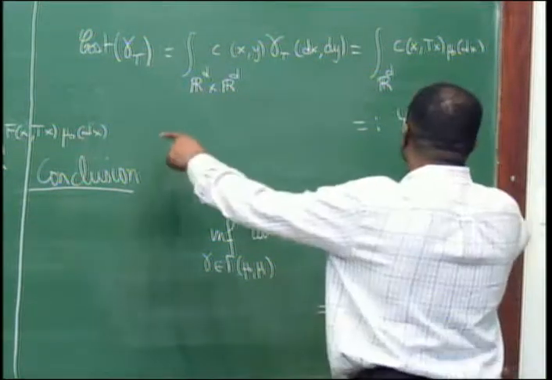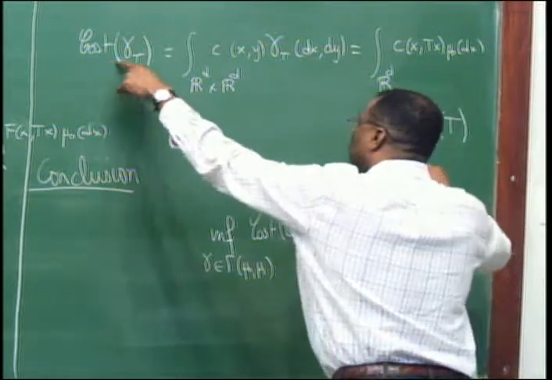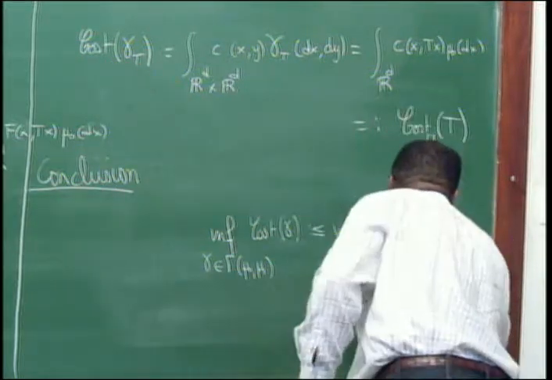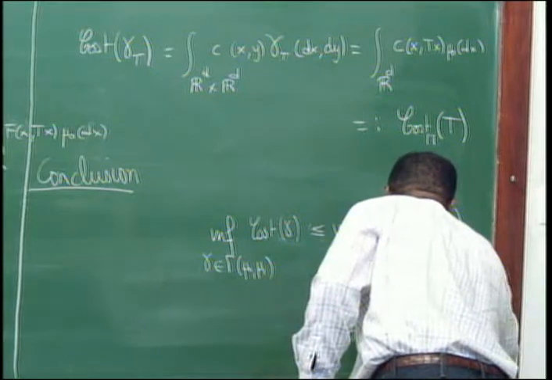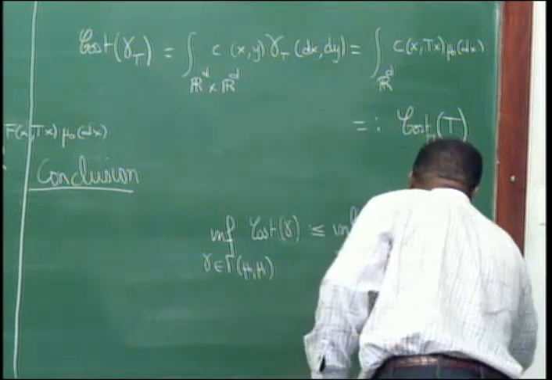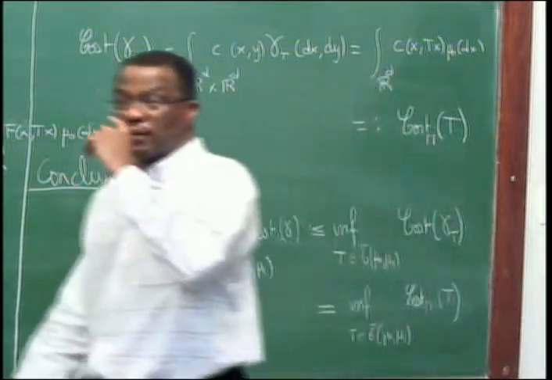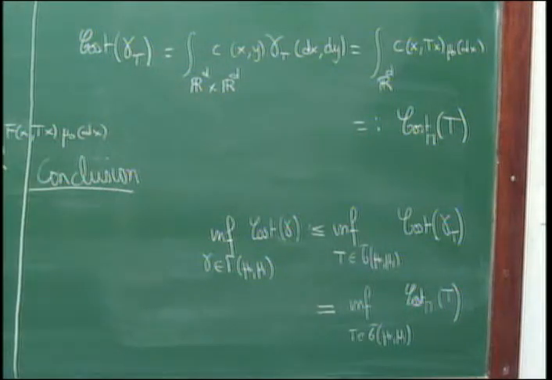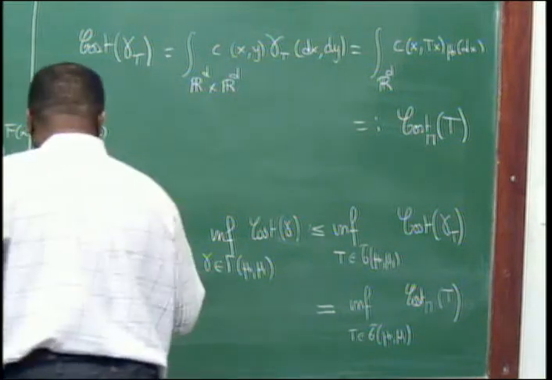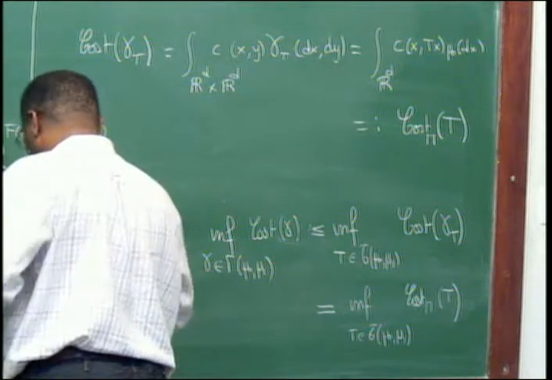And we've seen that the Kantorovich cost applied to gamma_T is the Monge cost applied to T. Call this first conclusion.